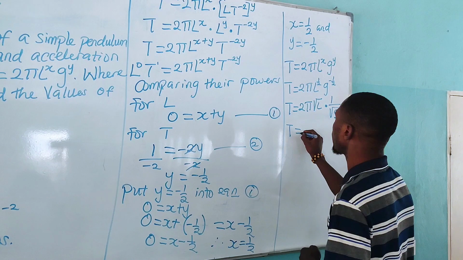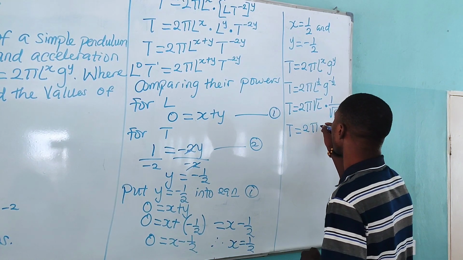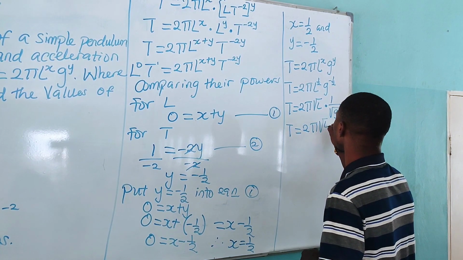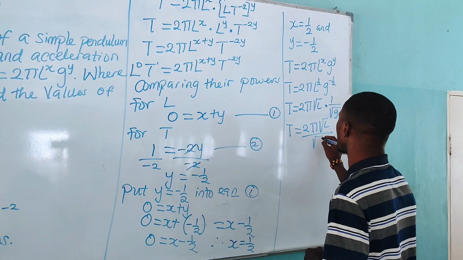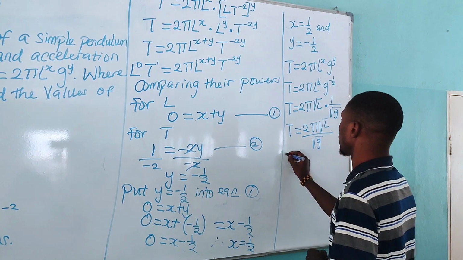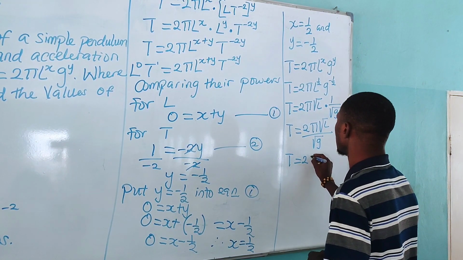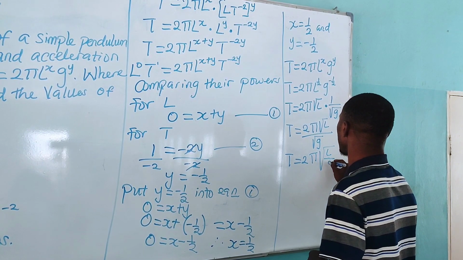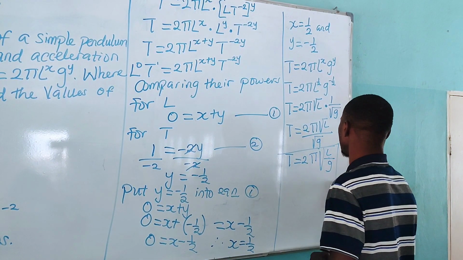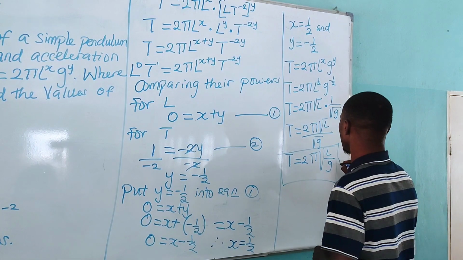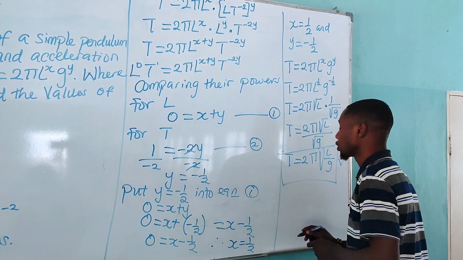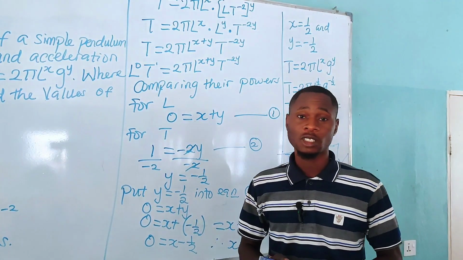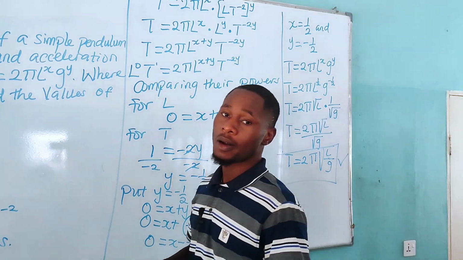So T will now be equal to 2 pi square root of L divided by square root of g, which is the same thing as 2 pi square root of L over g. This gives us the actual relationship between the measured physical quantities.